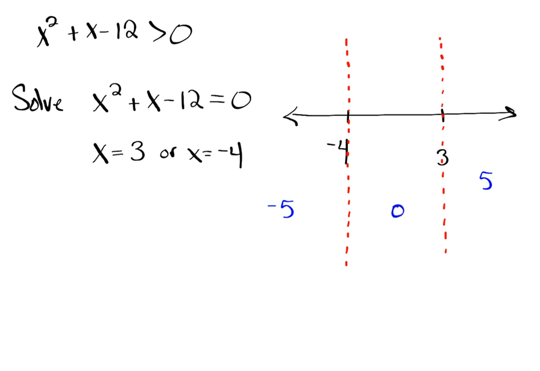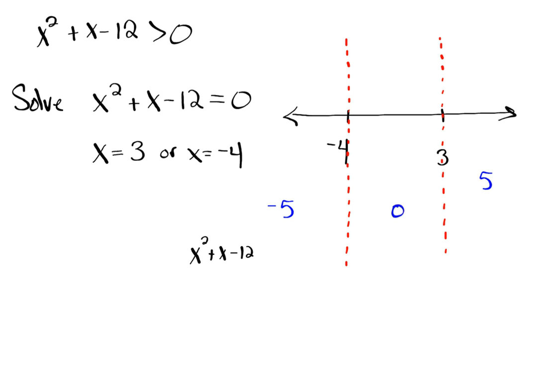Now, you say, what are you going to do with those? You are going to plug them back into this expression, x squared plus x minus 12, and we're going to see what happens when you do that. Do I get numbers bigger than 0, or do I get numbers smaller than 0?